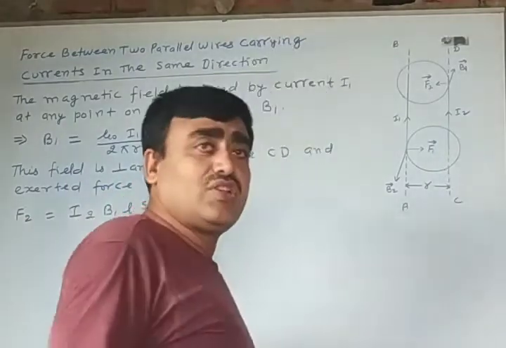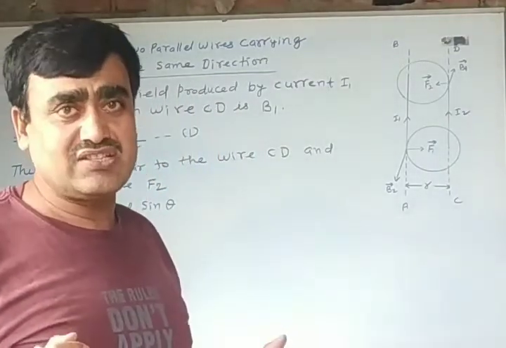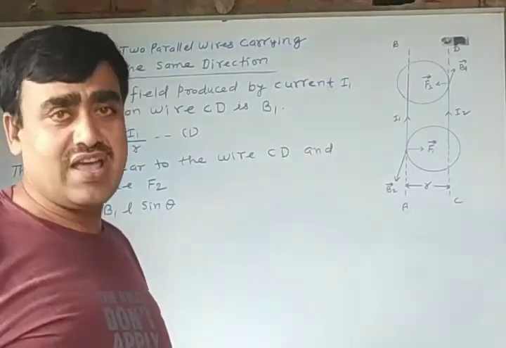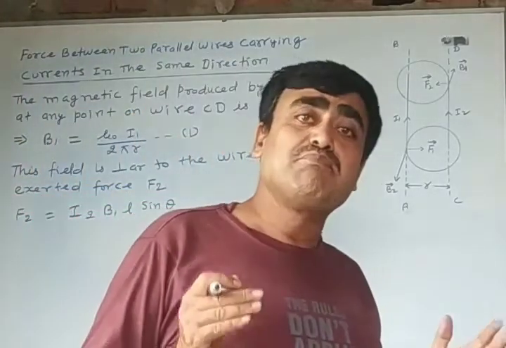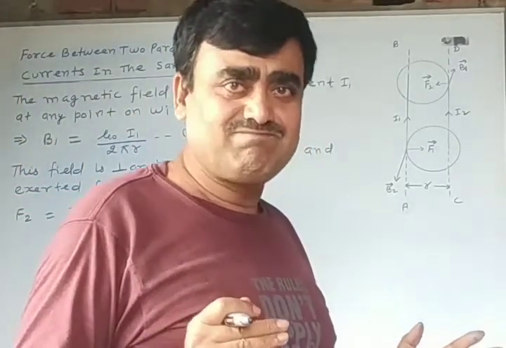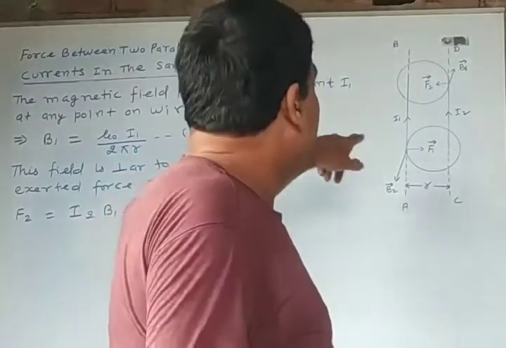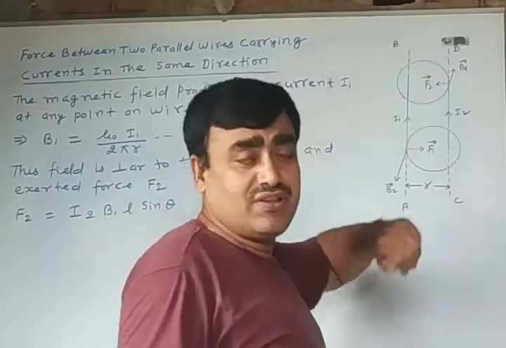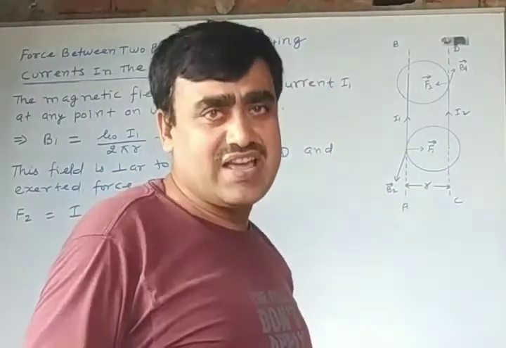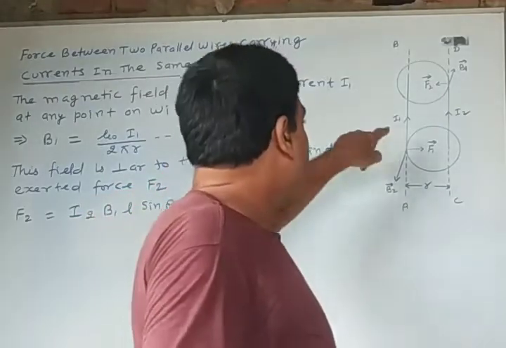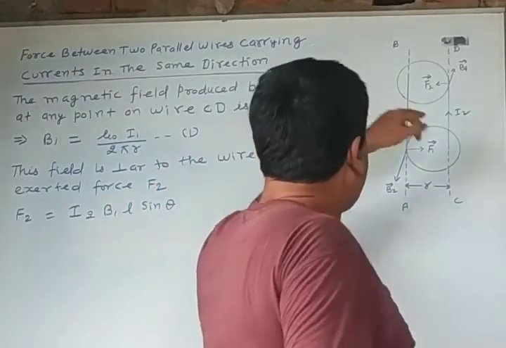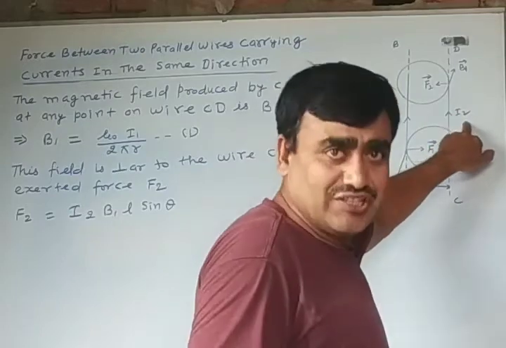All of you know that a current carrying wire produces a magnetic field. Here two currents are flowing in two different wires, I1 in AB and I2 in CD.